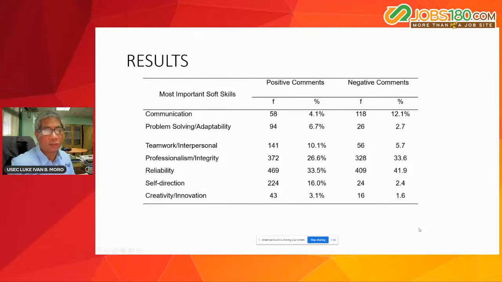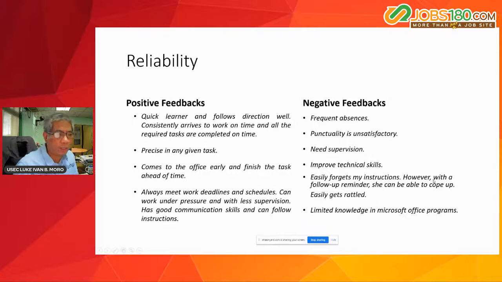So instead of just providing you a definition, I'll just show you some comments so that you will have an idea what these soft skills are, what they refer to. Okay. So on reliability, they have positive feedback: quick learner and can follow directions well and very precise in any given task, comes to the office early and finishes the task ahead of time.